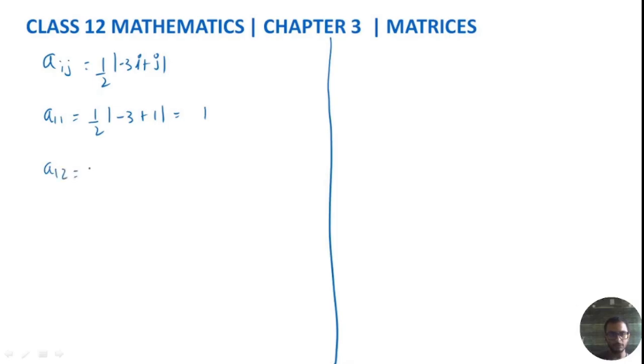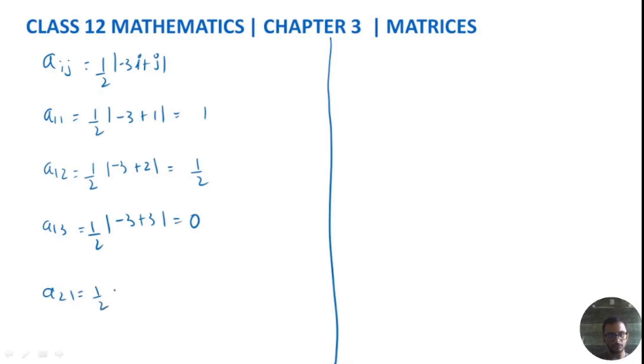Similarly, A12 will be 1 by 2 modulus of minus 3 plus 2. Okay, minus 3 plus 2 is minus 1 and its modulus is 1, so it will be 1 by 2. A13 will be 1 by 2 modulus of minus 3 plus 3, that will be 0. A21, am I doing correct? Yeah.